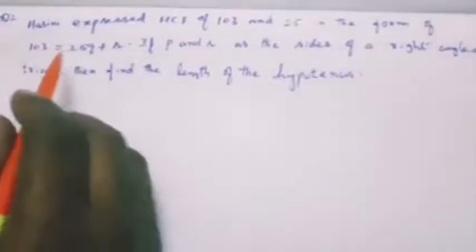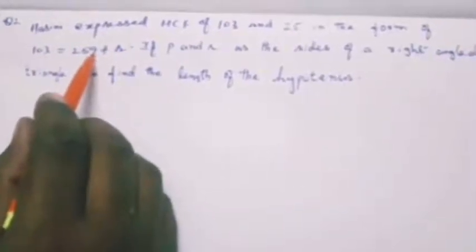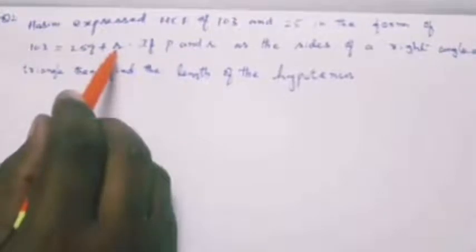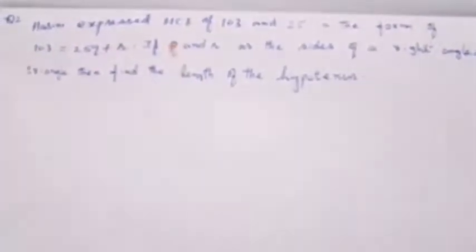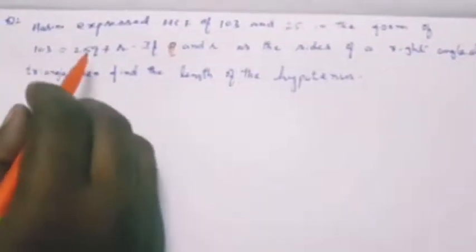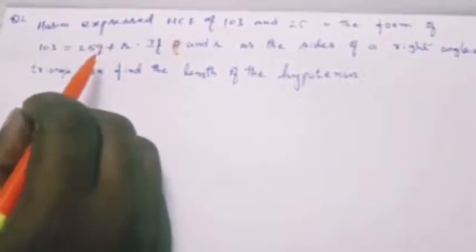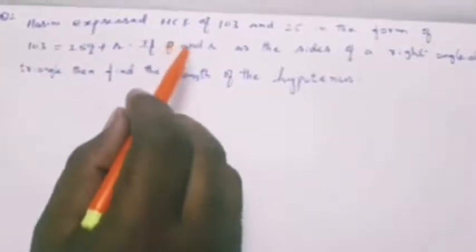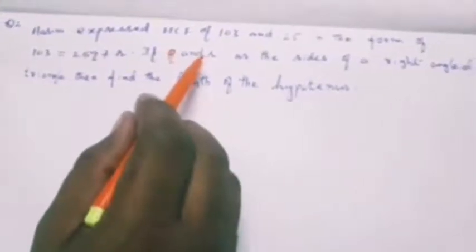Understood? So from this equation I need to find the q and r. So if it is q, here also q. Okay, q and r. After finding q and r, by taking the values q and r as the sides of the right angle triangle, then find the hypotenuse.